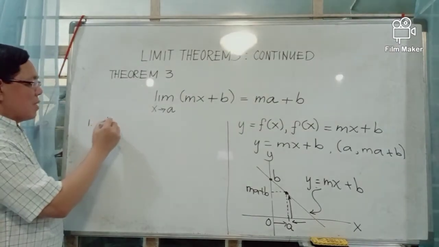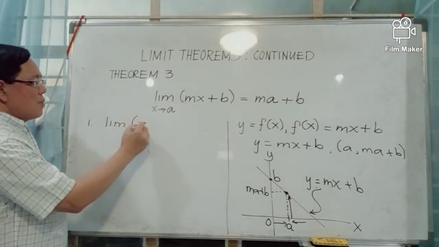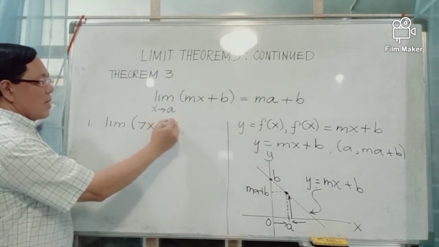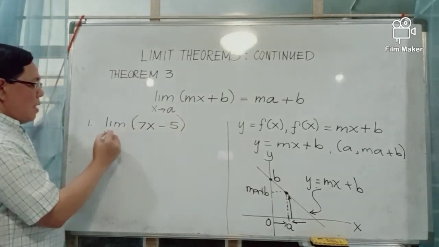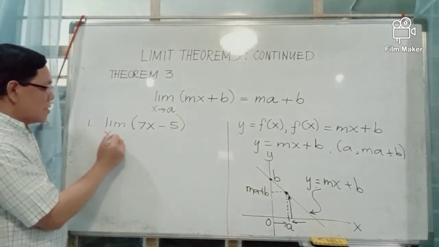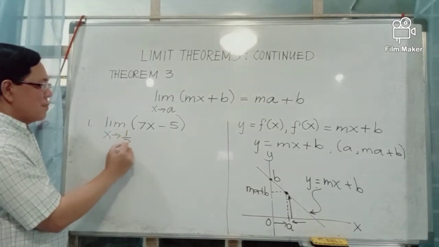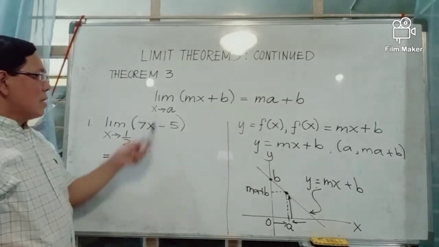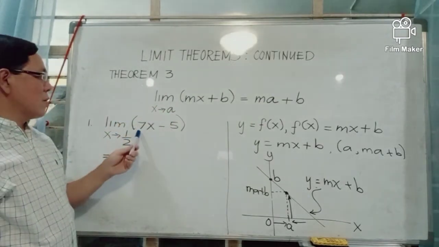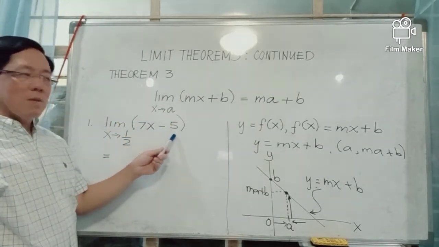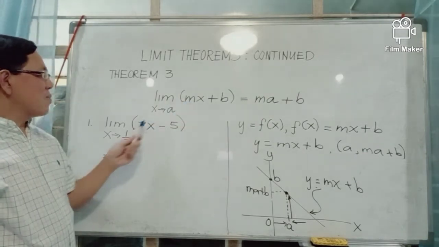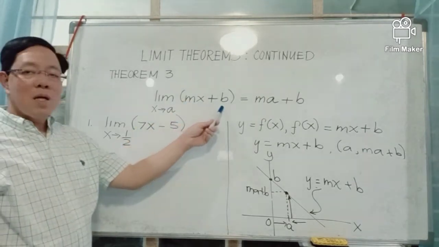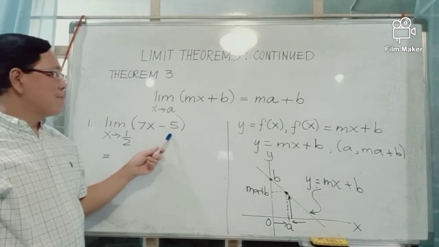Example, we have the limit of 7x minus 5 as x approaches 1/2. In the third limit theorem, this is now your mx plus b, which means that m is 7 and b is -5.